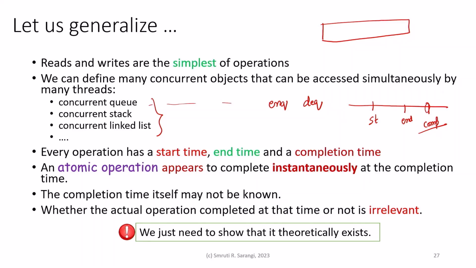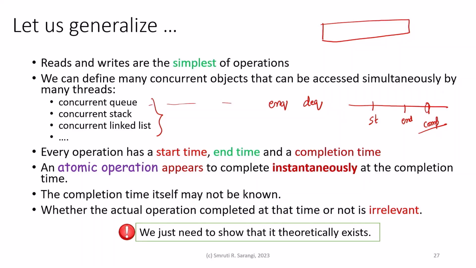Atomic means it appears to execute instantaneously at the completion time. Let me repeat. An operation is said to be atomic when it appears to execute, the key word here is appears, to execute instantaneously at the completion time. And it is not possible to observe any intermediate state between its starting and ending.